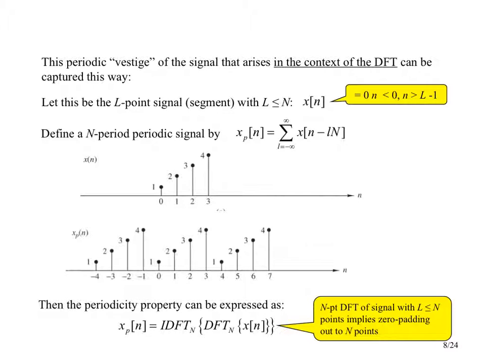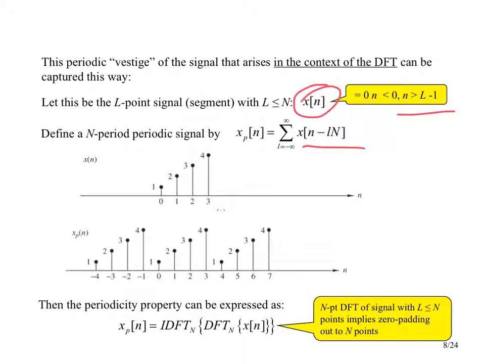We'll say that this x of n here is some L point signal segment, and we define an N periodic signal by taking that little segment, shifting it by integer multiples of N, and adding them all up.